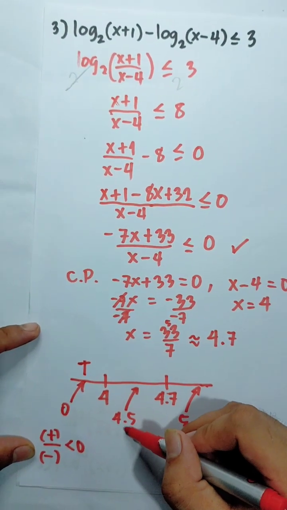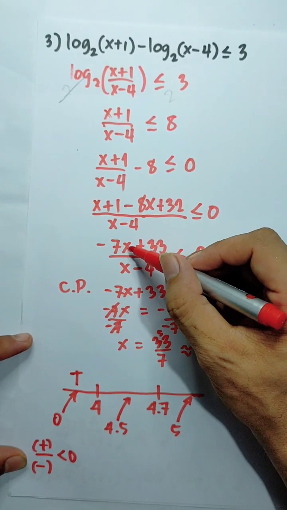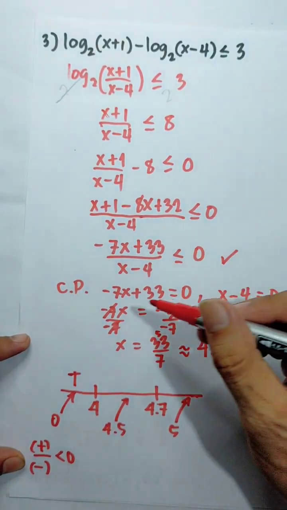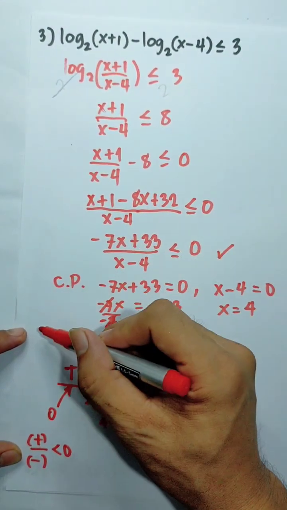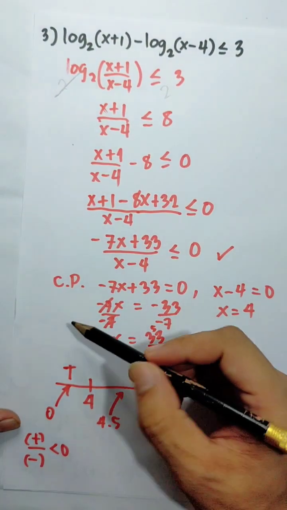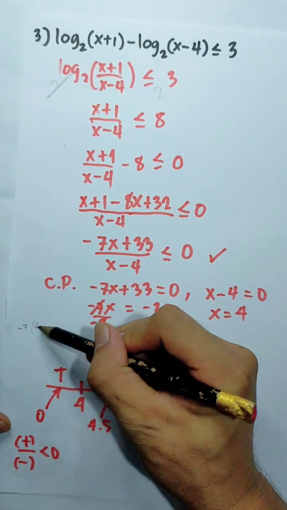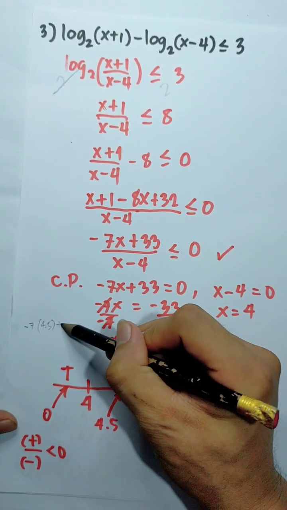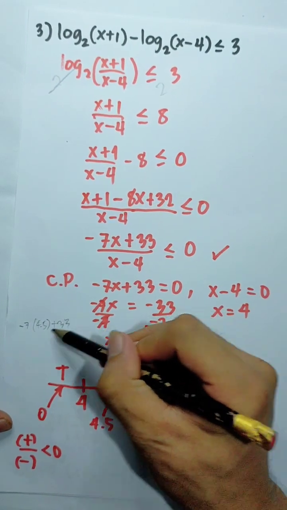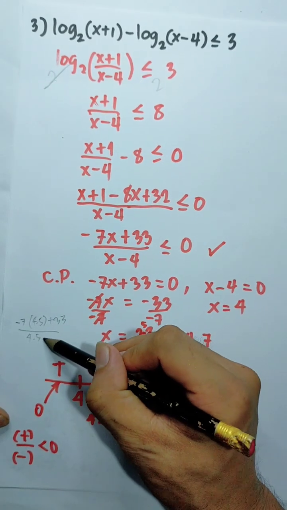Now let's do 4.5. So negative 7 times 4.5 plus 33 over 4.5 minus 4.